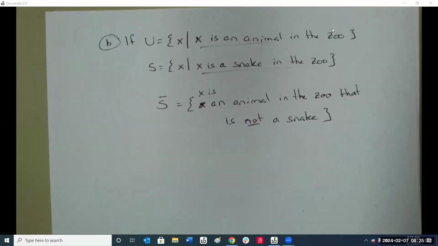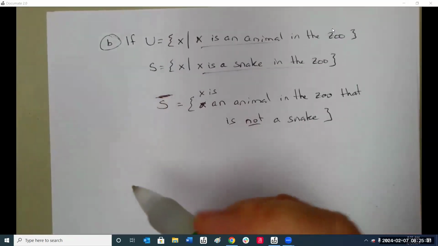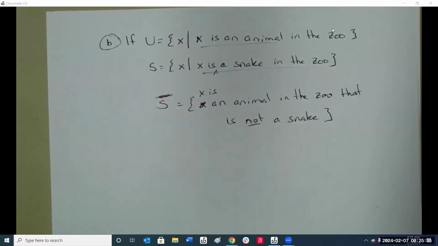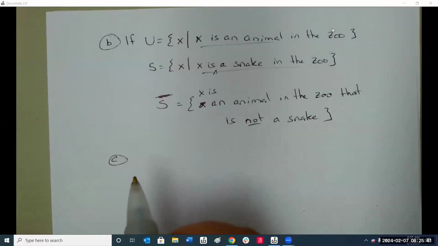You can't say except, but yeah, you're on the right path. Basically, remember, this means the opposite. So what we did here is we just put a not. That's what changes the statement from is to is not. Very good.